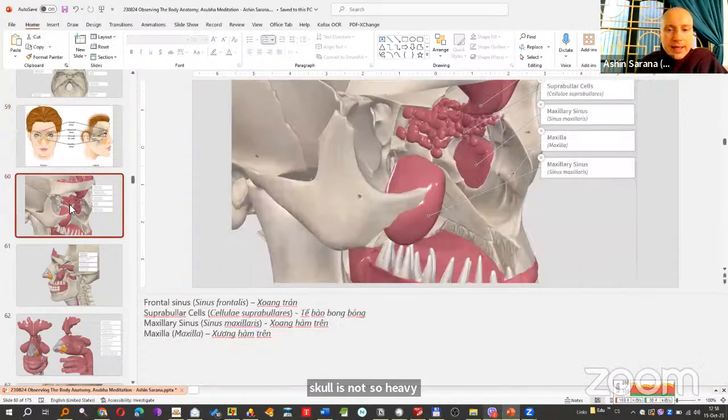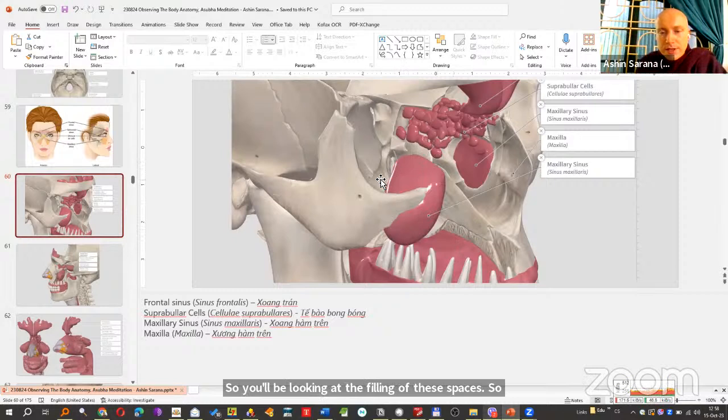We'll be looking at the filling of these spaces, so you see better how they actually look. As you can see, there is one big blob. Here's another big blob. I have apparently removed the nose bone from here.